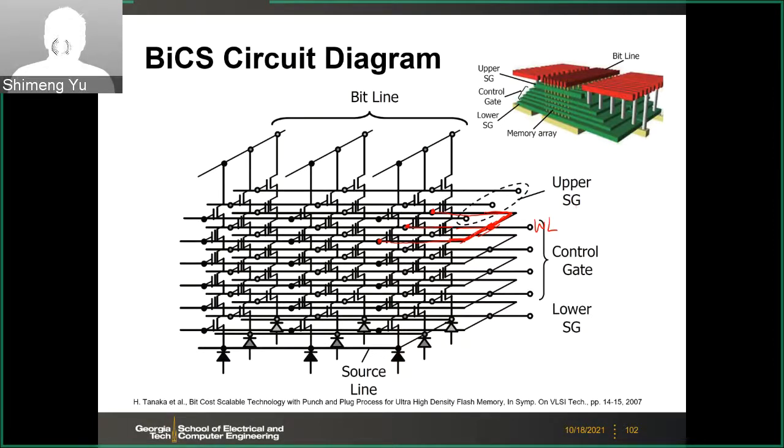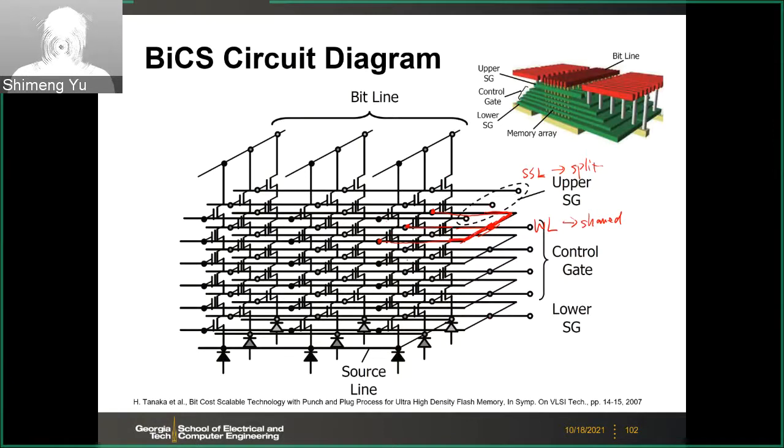And the upper string select, sometimes called SSL, string select line. Here, pay attention, this is split, while the word line is shared. So you see the SSL is split. That means you have individual control of each string.